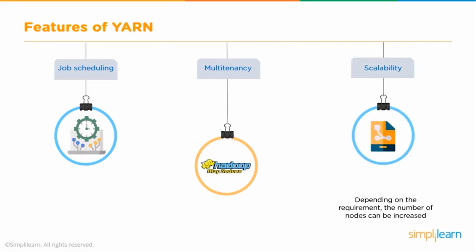Now, when we talk about scalability, when we talk about our cluster, we would already know that there can be a huge number of nodes, and those nodes can be dynamically added to the cluster, which basically gives us the possibility of a scalable processing layer.